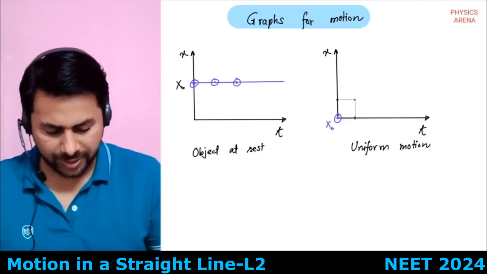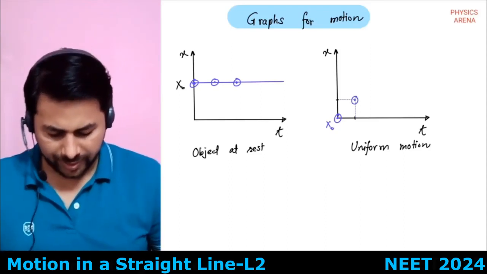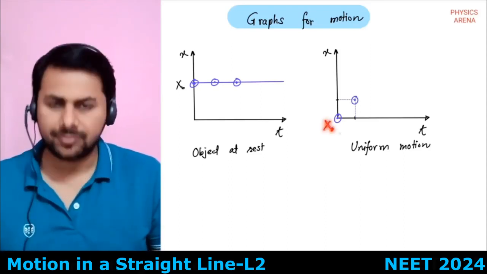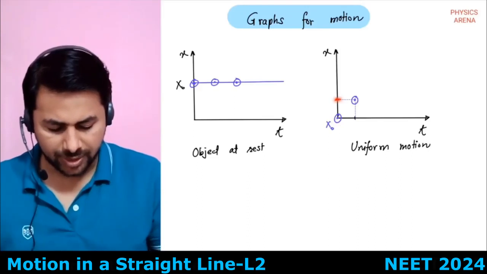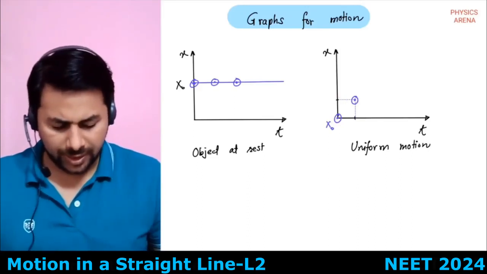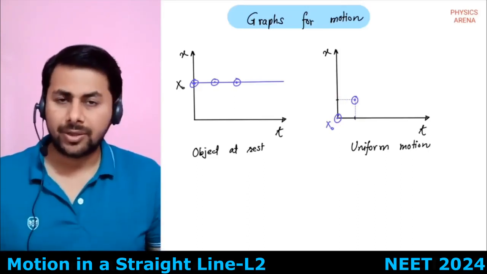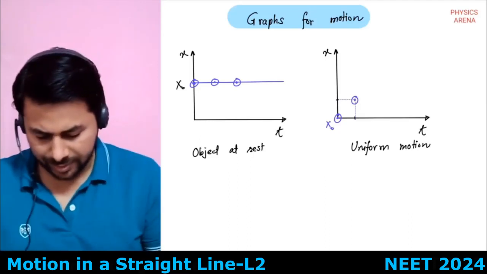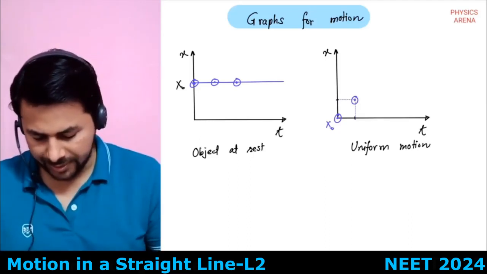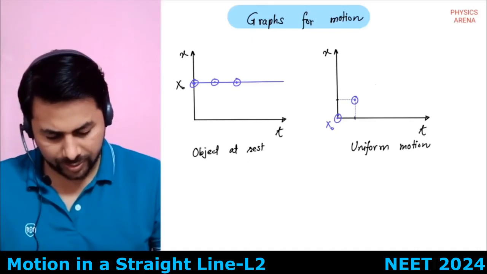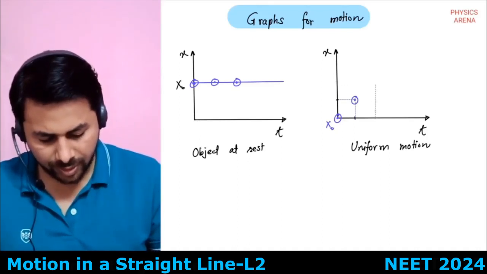It starts at this position at t equals 0, it goes till here at t equals 1, then at t equals 2, again it will cover the same distance. So for t equals 2, your object will be here.